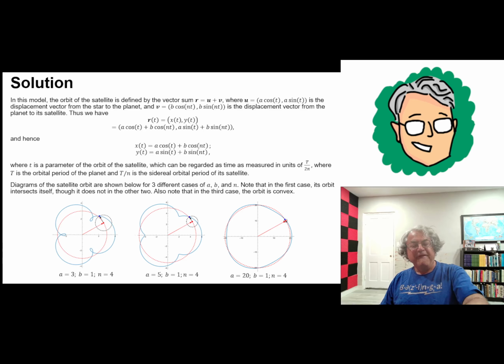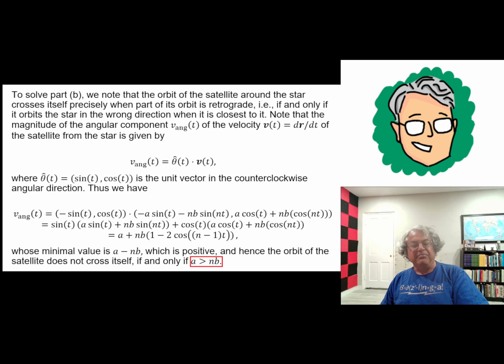So that means we know that the orbit doesn't intersect itself if and only if the angular velocity is always positive or always non-negative. And there's a formula for angular velocity. It's just the velocity vector dotted with the unit vector, which I'm calling theta hat.